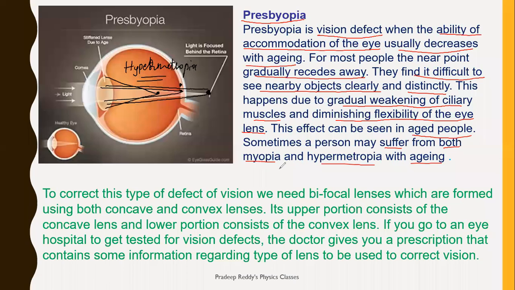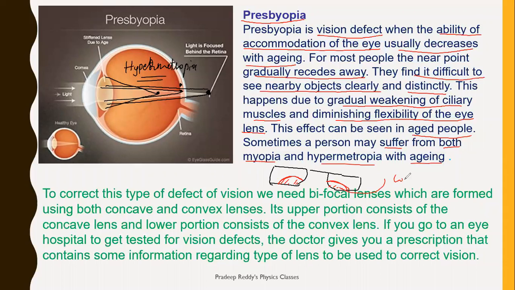Generally, when you observe the specs of aged people, you could see this. For example, this is the spectacle of an aged person. Generally, there is a kind of curvature over here. This part has a different curvature and the remaining part has a different curvature.